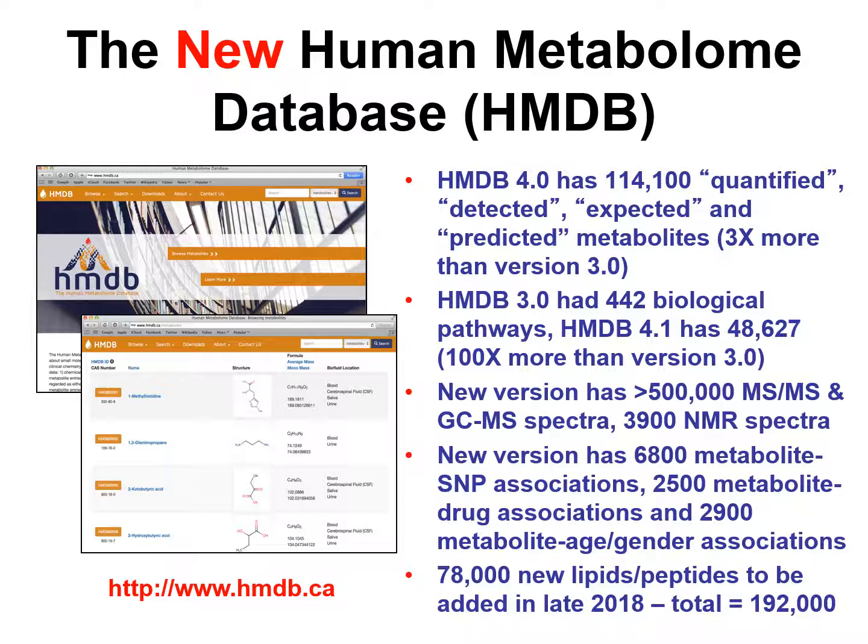And then the fact that metabolites often vary with age and gender. That information has now been gathered. At some point in the next month or so, we hope to add another 75,000 compounds to HMDB, so that'll bring the total close to 200,000.